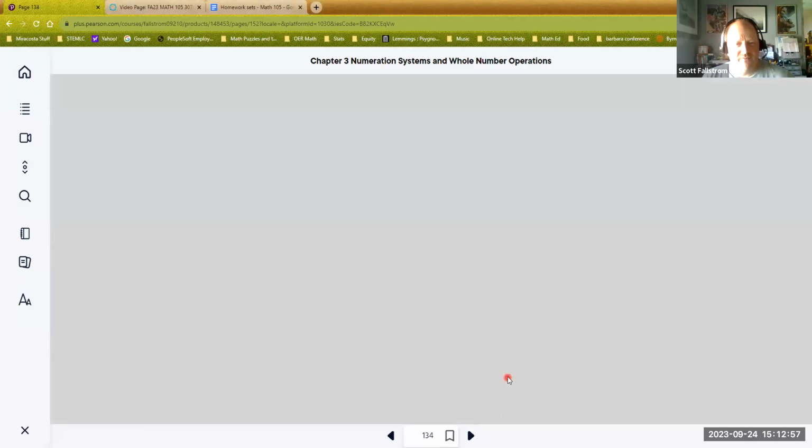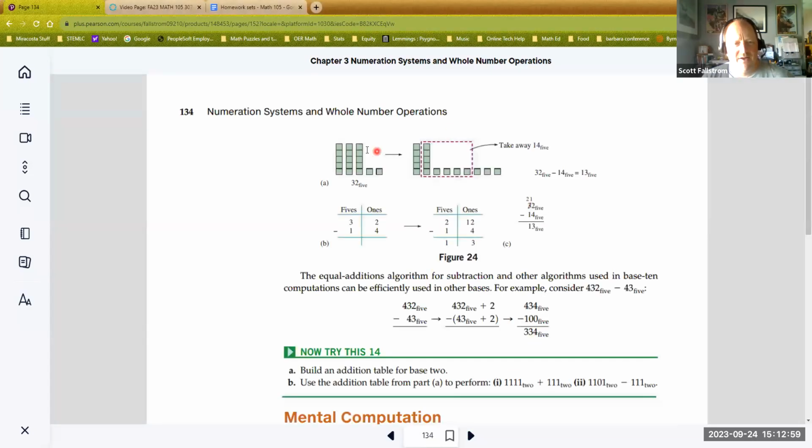Yeah, so if we go forward here, looks like they're probably going to do one. If you wanted to use the base blocks, they have them in either plastic or wood, or you can make your own out of paper. So if you had 3, 2, base 5, you got to remember it's not 32, right? It's 3 groups of 5 and 2 ones. So really, I want to take away 1, 4, which is 1 group of 5 and 4 ones.